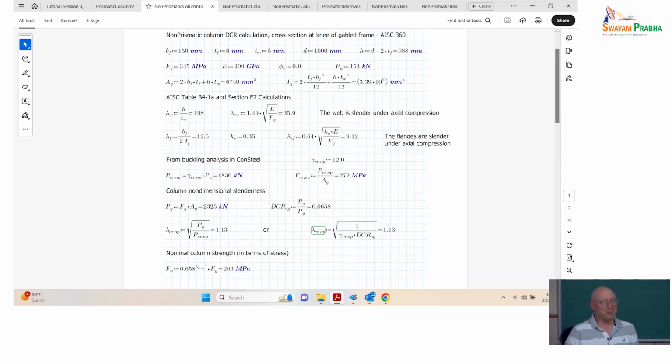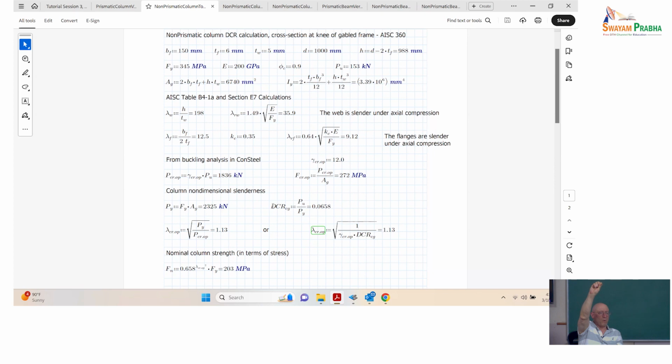So what are we doing when we have a non-prismatic column check? We're simply saying, okay, I've got this cross-section up there. I've got this buckling load. Okay, let me treat that cross-section. I've got my PU to cross-section strength at that cross-section. I've got an elastic buckling load level, or a gamma E if you wish. And so now I treat that cross-section as if it's a member.